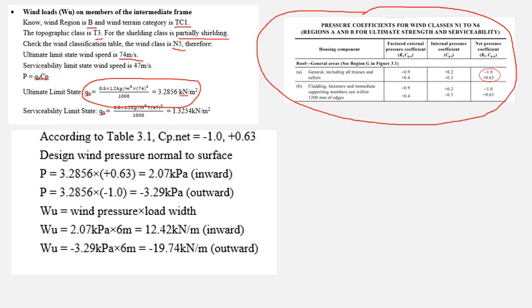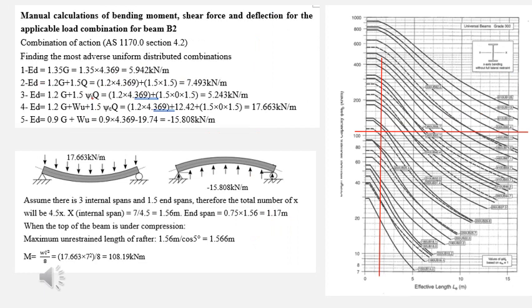So with that information, we can find the inward and outward wind pressure, and we can calculate the combination load using the pressure.